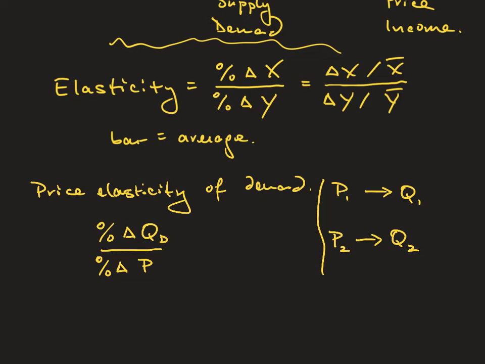So the way that we calculate this elasticity: percent change in quantity demanded, that's Q2 minus Q1, the change in quantity demanded, divided by Q bar, the average of the quantities. And all this gets divided by P2 minus P1 over P bar, the average of the prices.